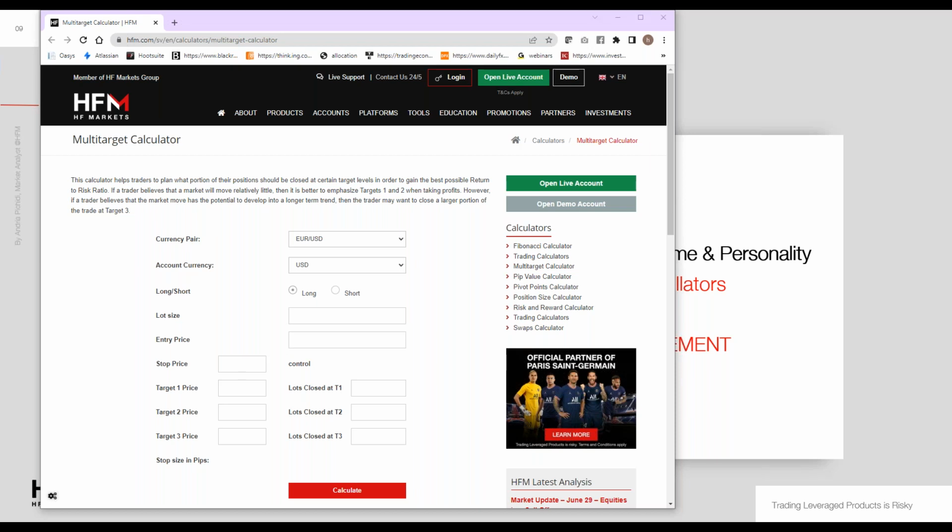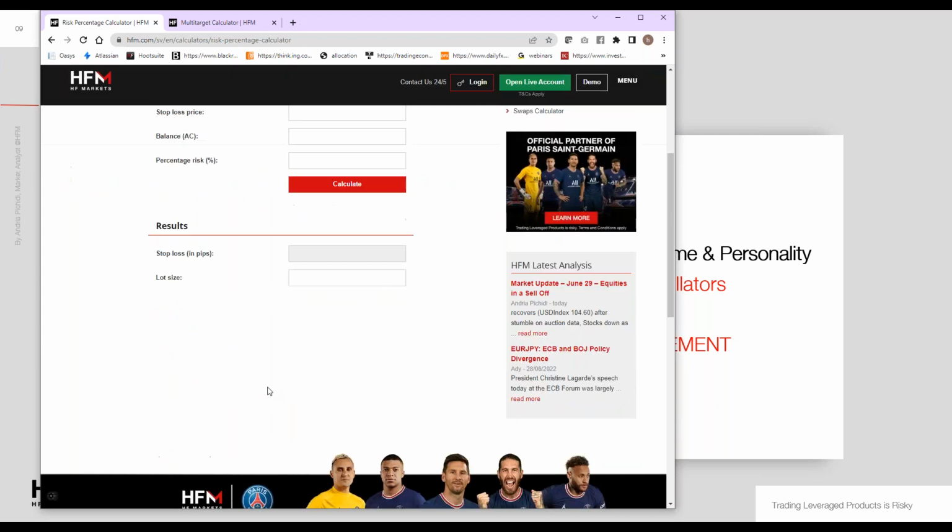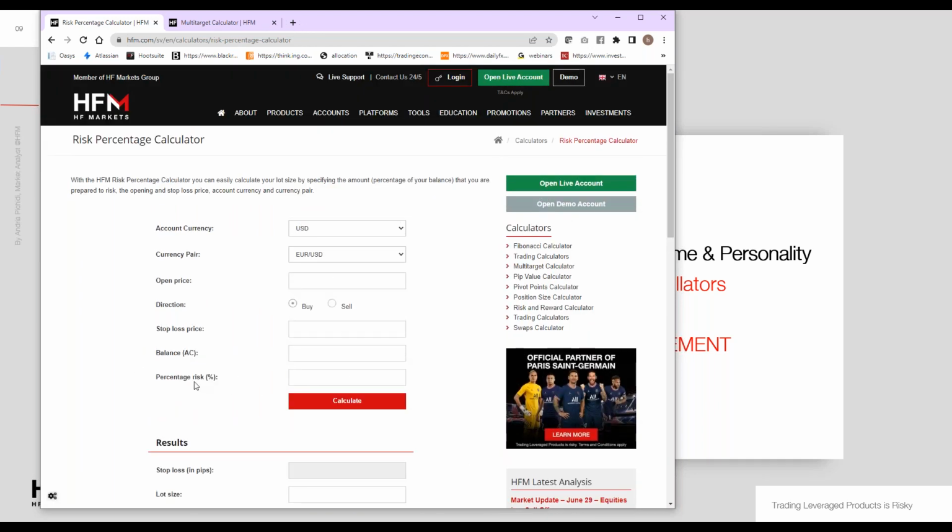So, the very first thing, if you cannot do it automatically, I mean, just literally on the MT4, and you prefer to do it by using these calculators, what you can do is fill this form, and add also what percentage of your balance you want to risk on that particular trade.